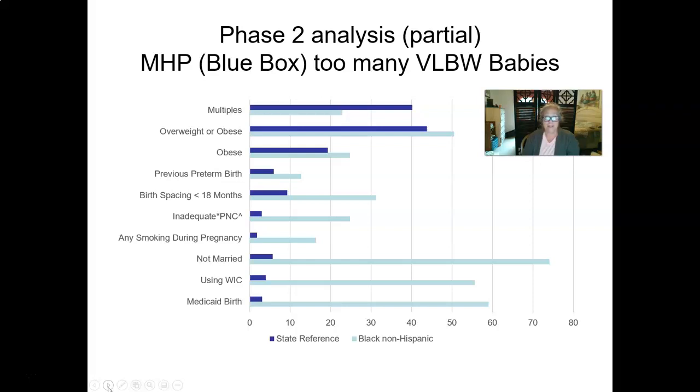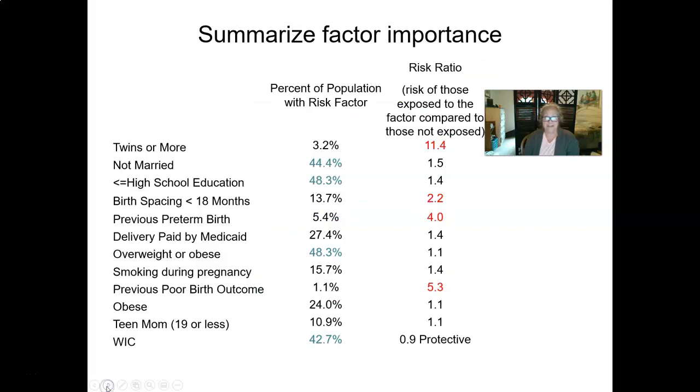So they were looking at risk factors for the babies born too early, and they compared the study population, which was Black non-Hispanic babies, to the state reference population. And it's just the prevalence of these risk factors. So there are some risk factors where the Black population has much higher prevalence, and those might be important. And then we'll do further analysis.